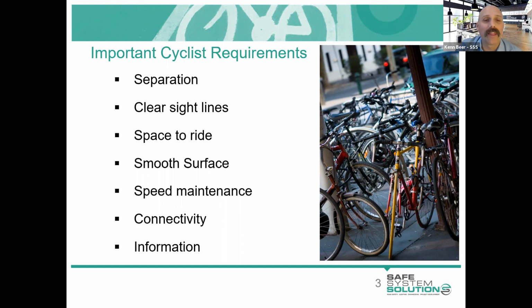I'll talk a little bit about that and how it relates to safety, but that's essentially not requiring the cyclist to stop every 100 meters and trying to provide that continual flow through. Connectivity, so trying to fill those gaps between these cycling links and routes, and information to warn, inform, guide, and the like.